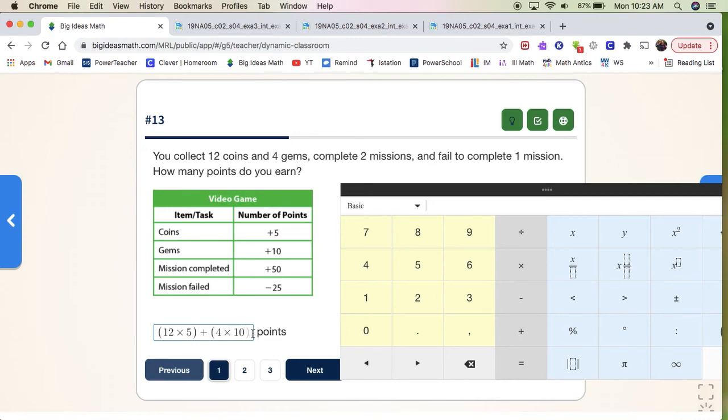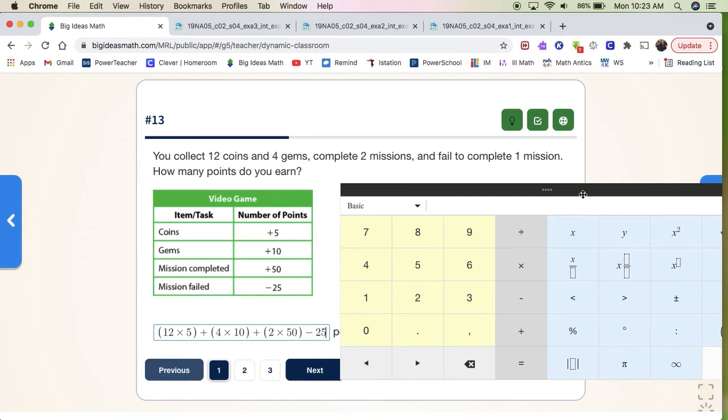So far I've taken care of the 12 coins, which are 5 points each, and the 4 gems, which are 10 points each. Now I've completed 2 missions, so I'm going to add to that another parentheses because there's 2 of them, 2 times 50. So I'm going to say 2 times the missions I completed, and then from that total I'm going to subtract 25 for the mission that I did not complete.